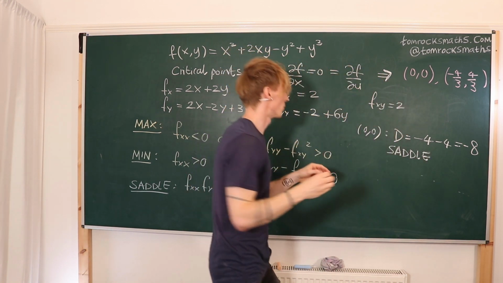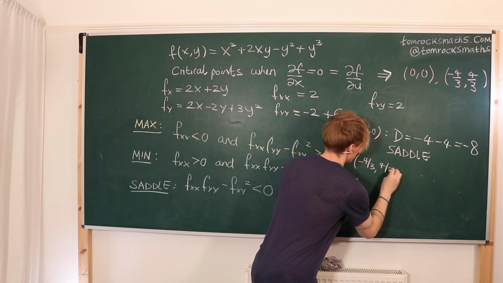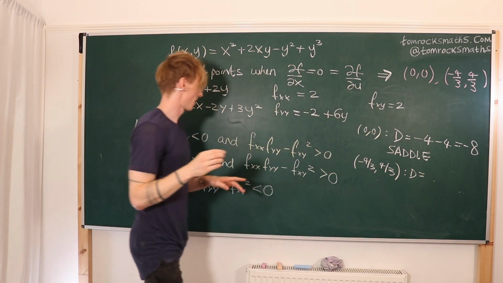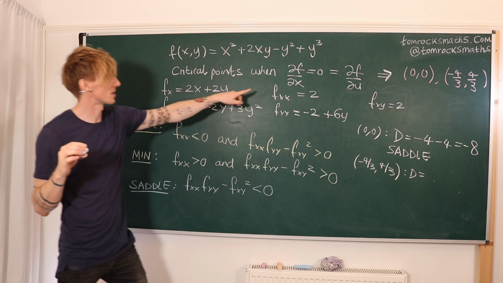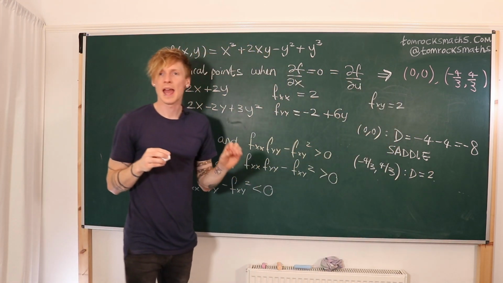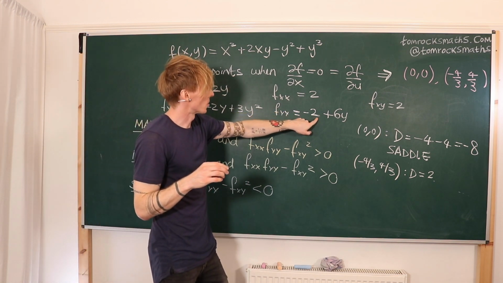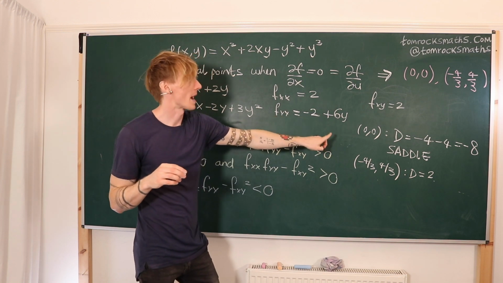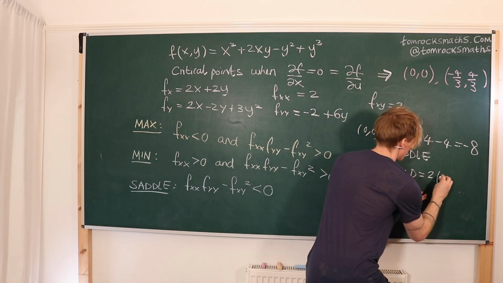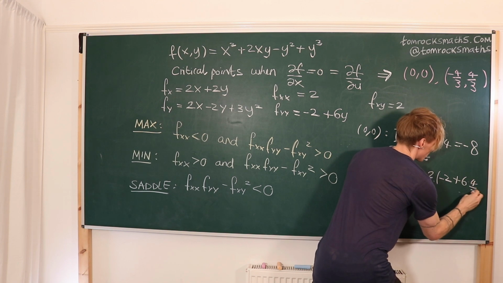Now, for minus 4/3 and 4/3, the discriminant D is equal to, we need to know fxx, which again is 2, multiplied by fyy. So now we have minus 2 plus 6 lots of y. So y is 4/3. So this is minus 2 plus 6 times 4/3.